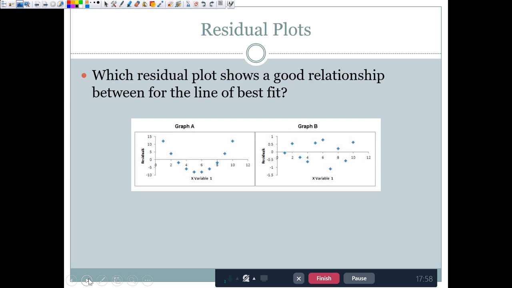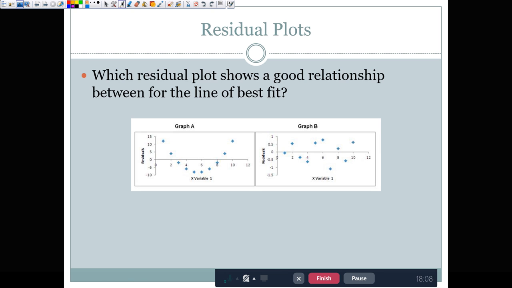So for example here, this is actually in a U shape. Right here, there's an actual pattern. So does this line of best fit that information? No. This is not a good representation. And there is a pattern here. You see that? That's an actual pattern.